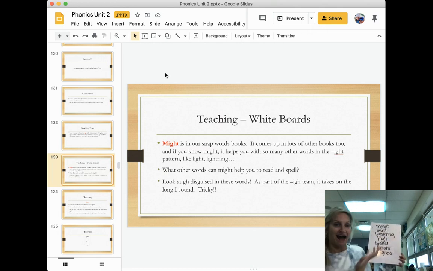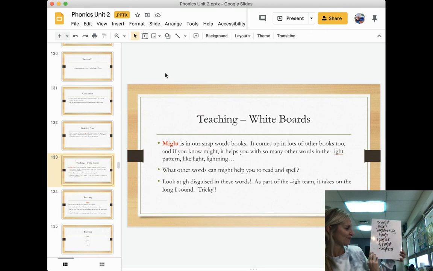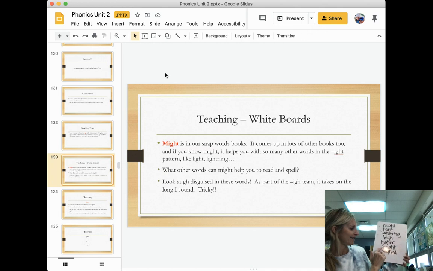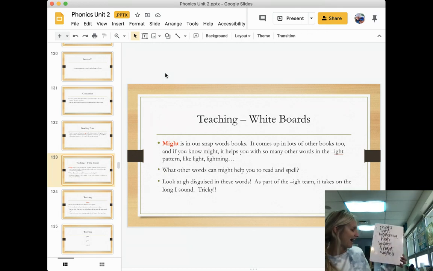What about high? Look how high that is. That has an IGH. Higher. Fright. Ooh, that gave me such a fright. That has an IGHT. And sigh. That was such a big sigh. All of those words have an IGH or an IGHT that make an I or an ite sound.